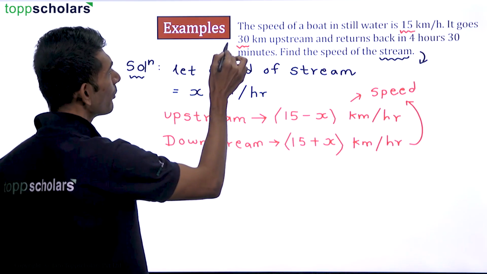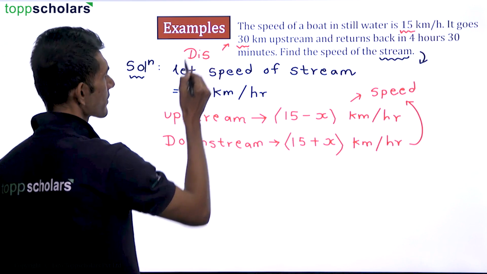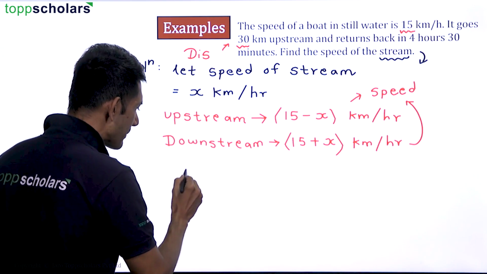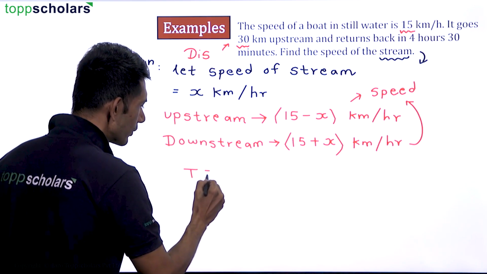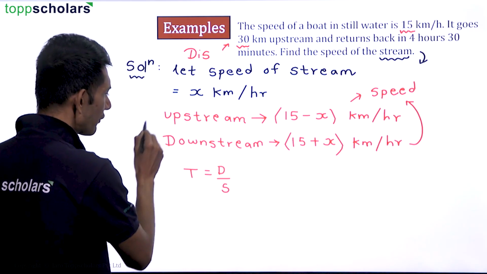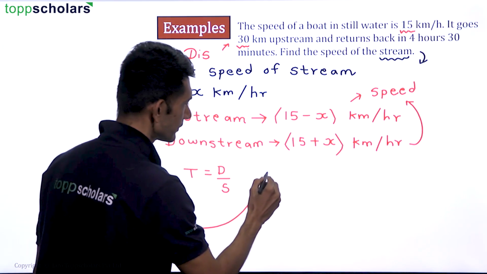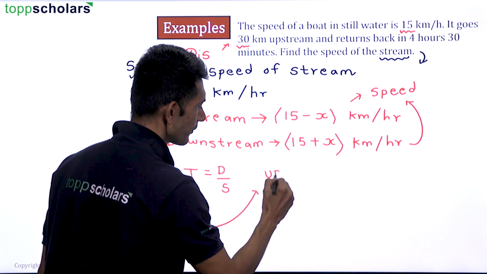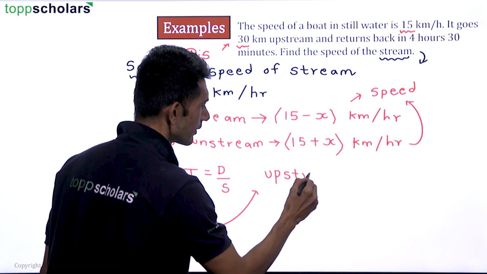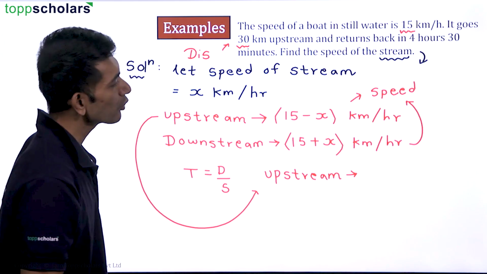So can I say 30 kilometers here is the distance? So what is the time taken? Can I say time is equal to distance by speed? So for upstream, the time is going to be how much?